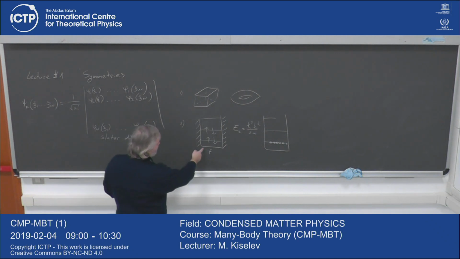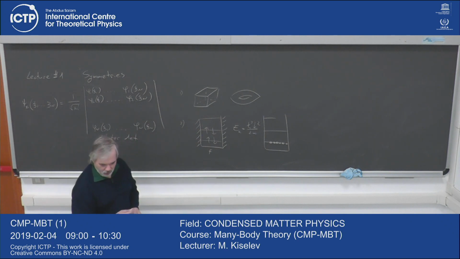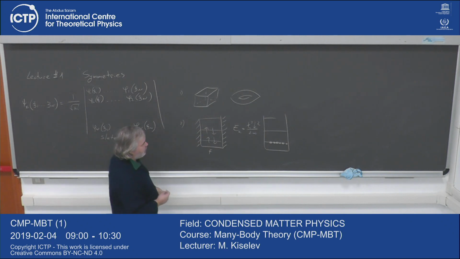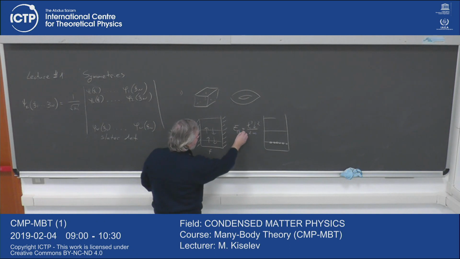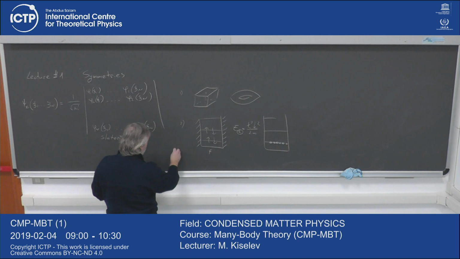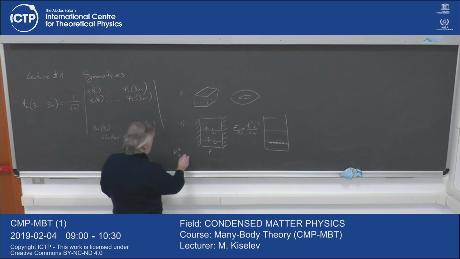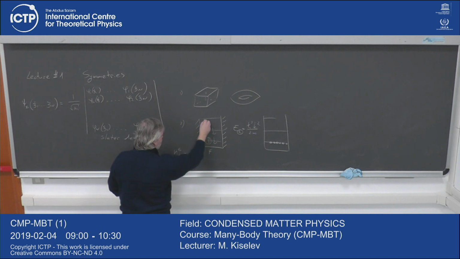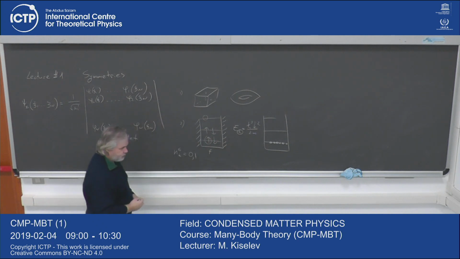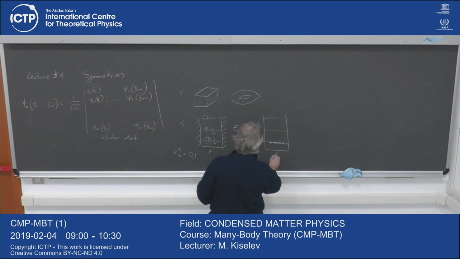So in this case, if we characterize the number of fermions with a particular quantum number k, a wave vector, I will denote it n_{k,σ}. Sigma is the spin projection, then n_{kσ} can be either 0 or 1. So this is 1, this is 0. And so this is a fermionic system.